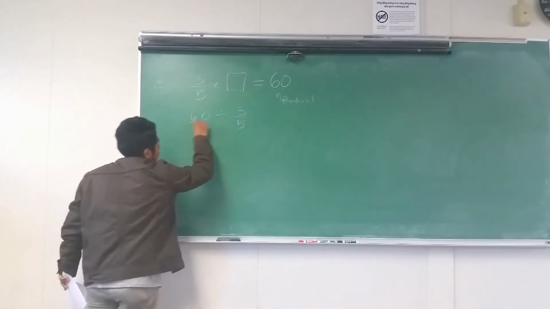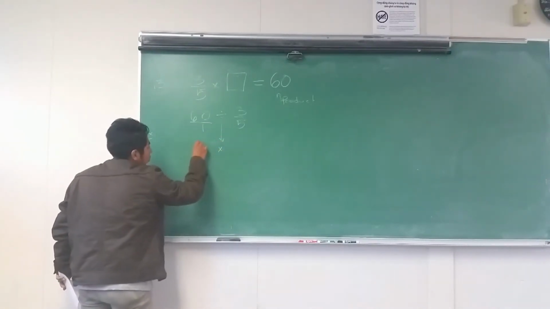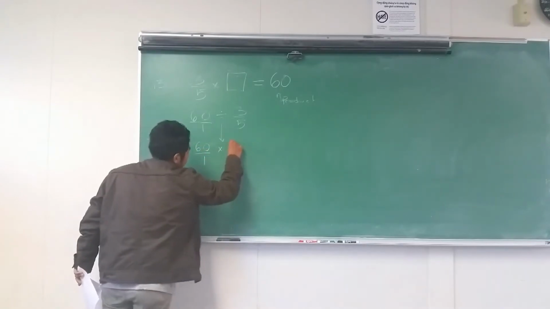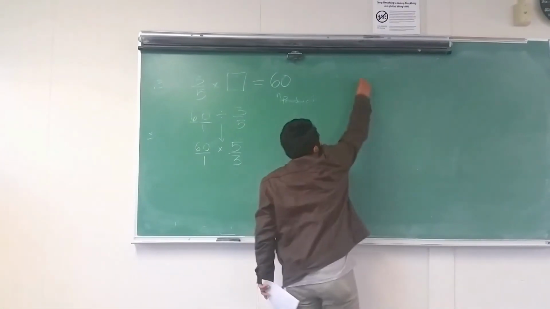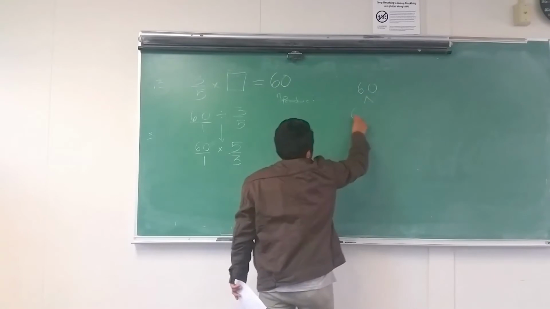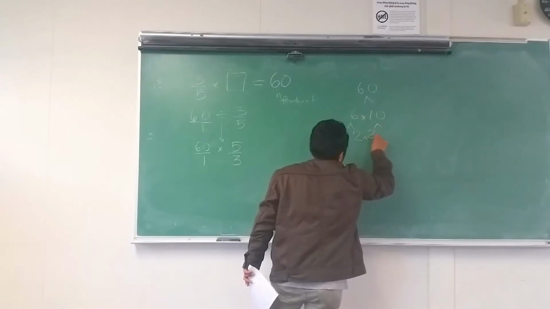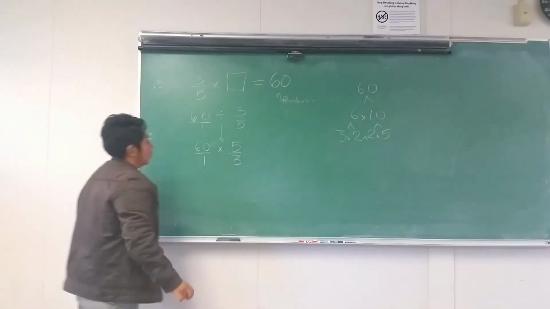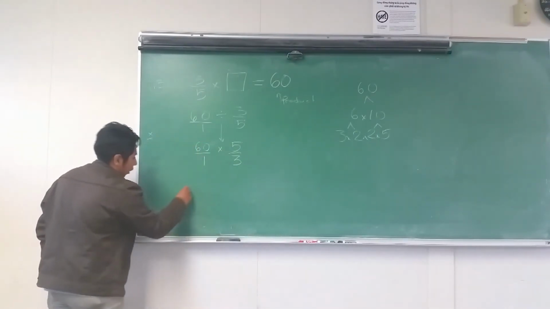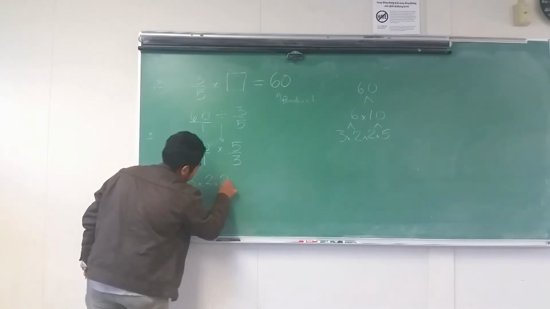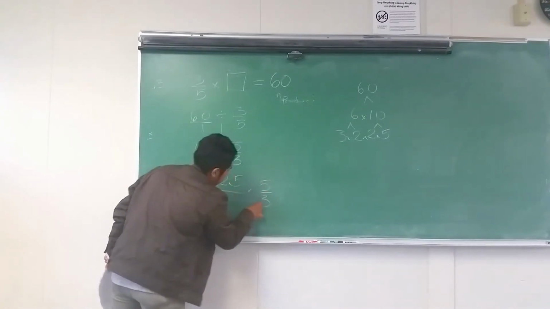But this must be a fraction, so put a 1 underneath and change this division into a multiplication statement. So it's 60 over 1 and flip that over, so it's 5 over 3. That 60 must be broken into a product of prime numbers: 3 times 2 times 2 times 5, all over 1 times 5 over 3.